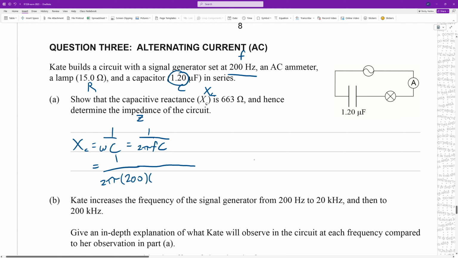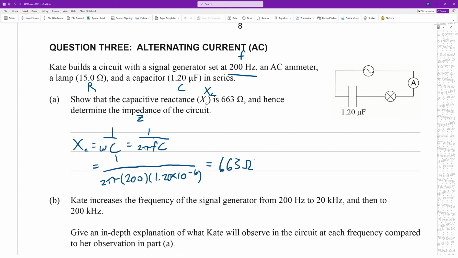Notice it is in microfarads, so we need to convert that to farads. So micro means times 10 to the negative 6. So 1.20 times 10 to the negative 6. And computing that, we get exactly what they asked for. 663 ohms.